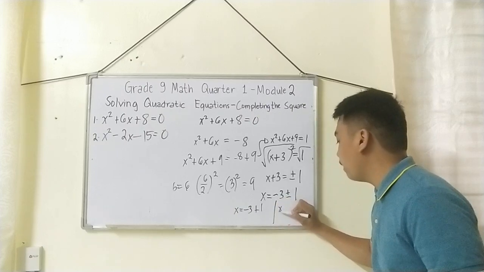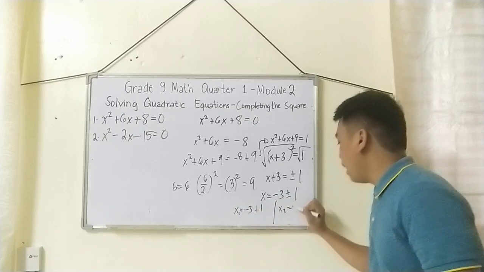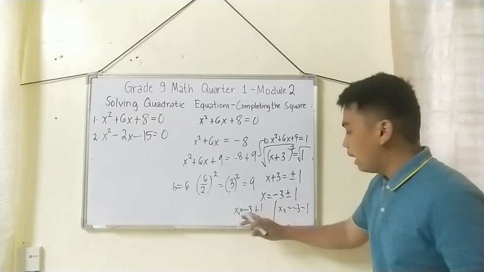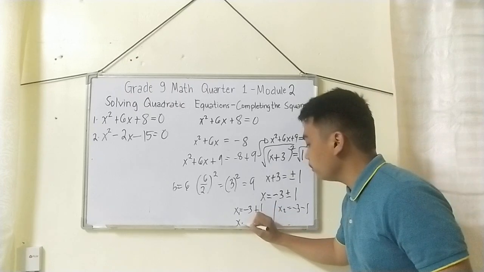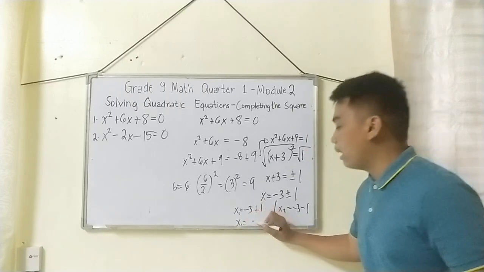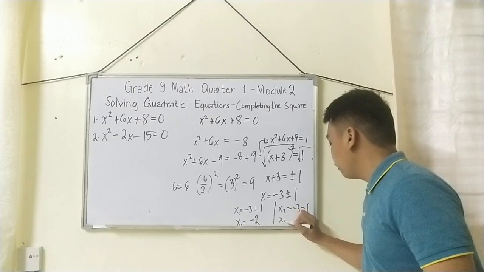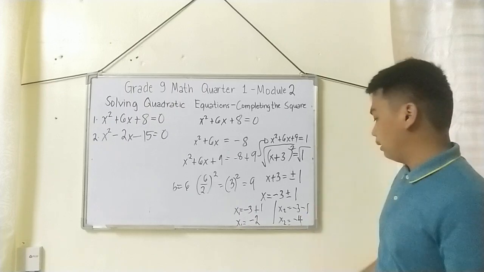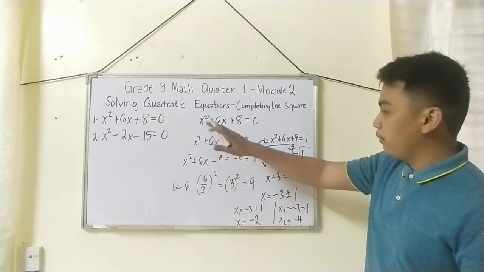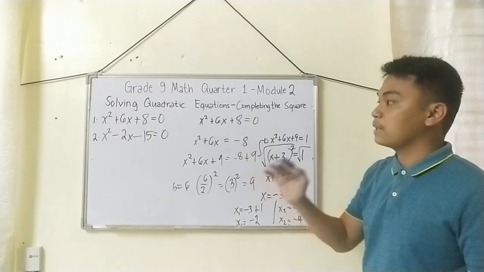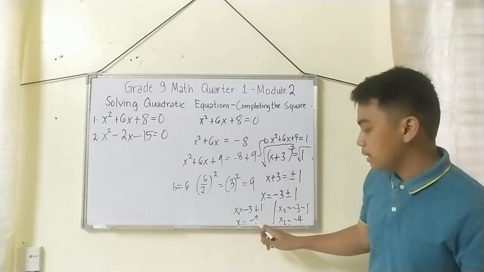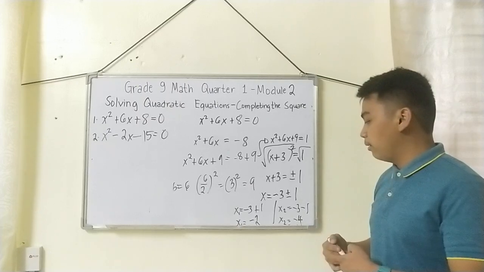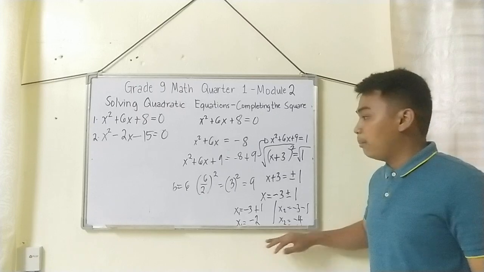And on the other side, we have x is equal to negative 3 minus 1. So, negative 3 plus 1 is equal to negative 2. And negative 3 minus 1 is equal to negative 4. That means the roots of x squared plus 6x plus 8 equals 0 are negative 2 and negative 4. Ayan. Sana may natutunan kayo dito mga ka-habiters.